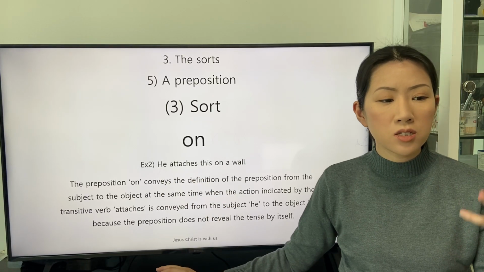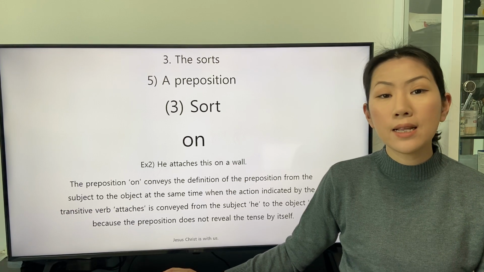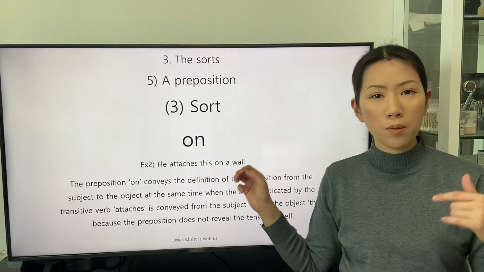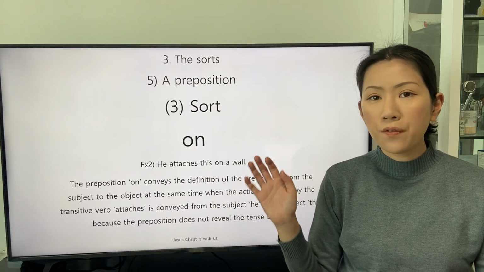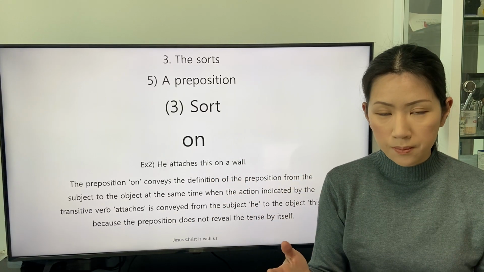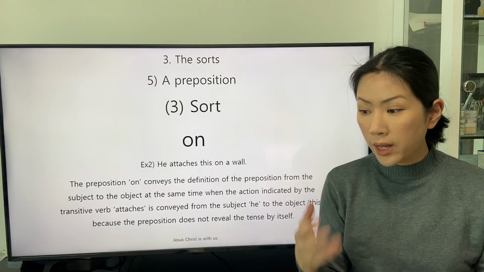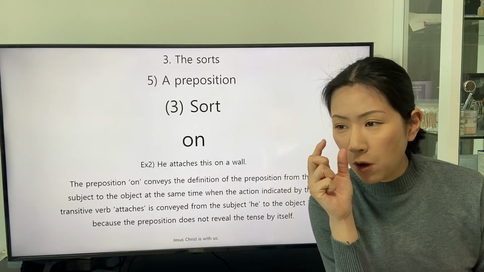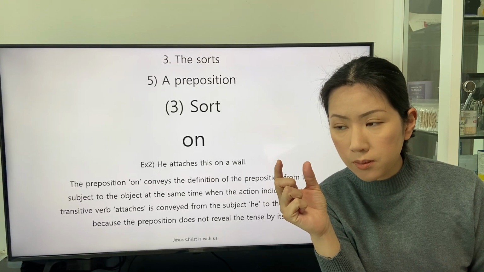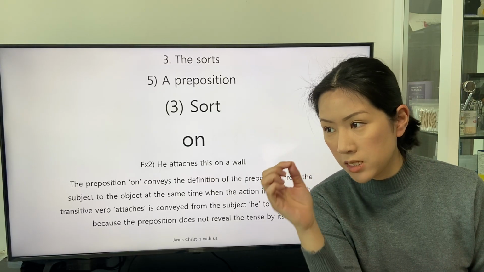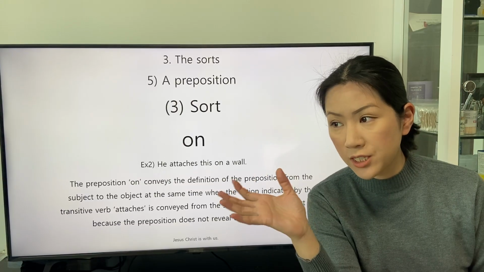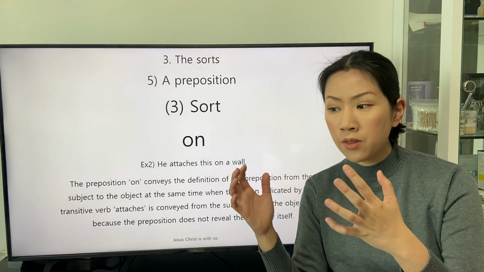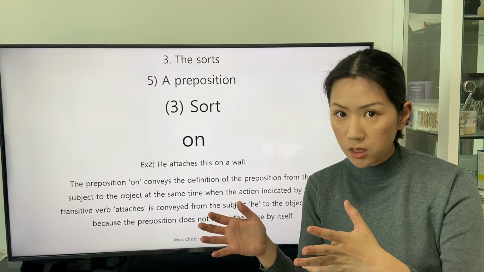Because the preposition does not reveal the tense by itself, this explanation is the review for the reason why the object of the preposition about an experience, a condition, or an action is stated in the form of a gerund.